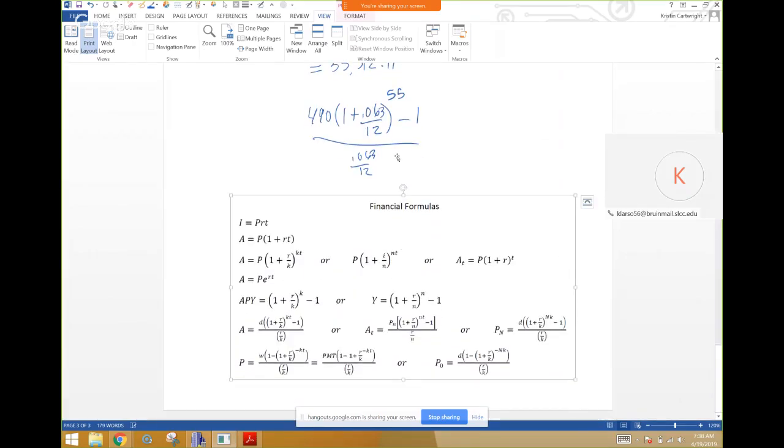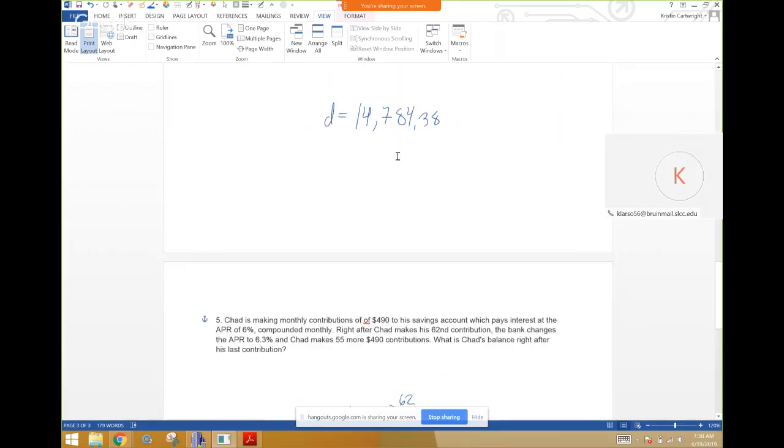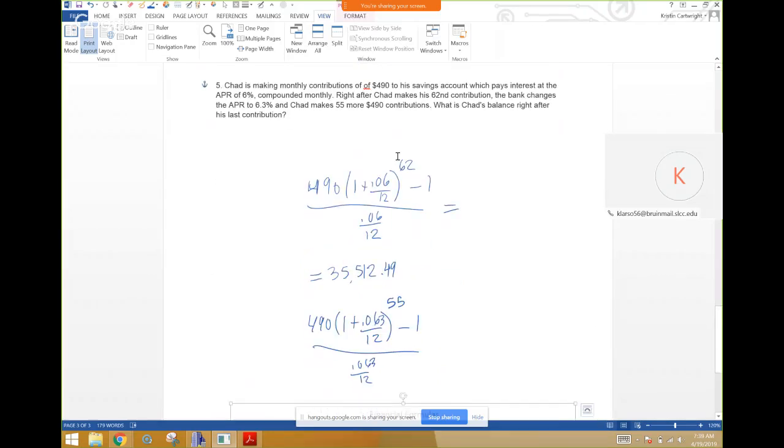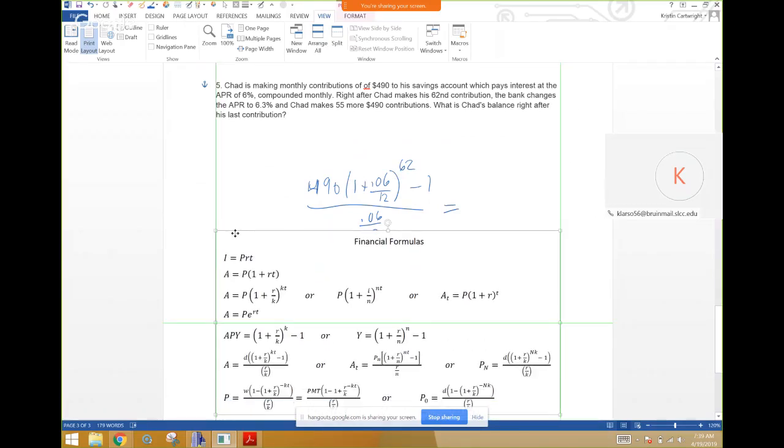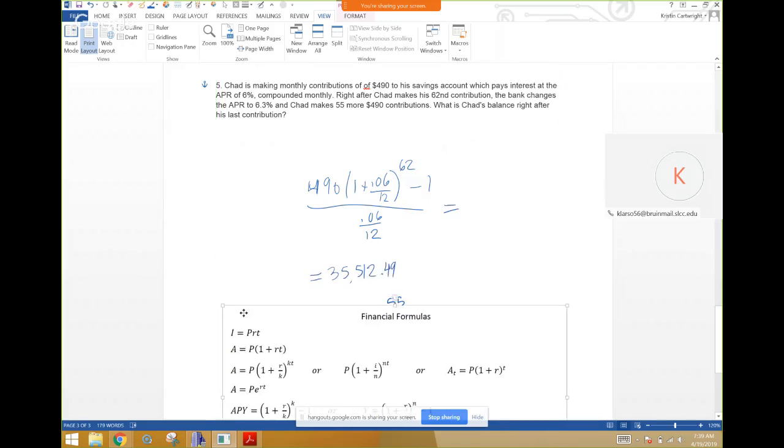And then I was doing this before you came, and I need to make sure I get this right answer. 0.063 over 12. Oh, and hold on, let me make sure. I think here's my problem, that I didn't put a parentheses.